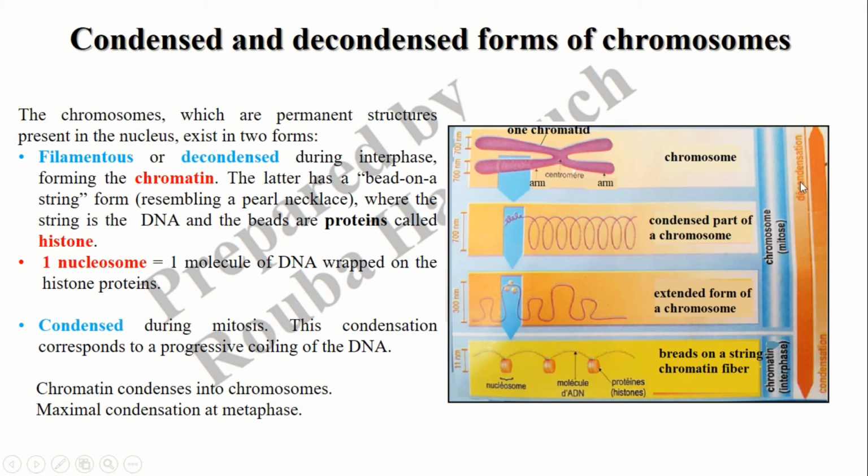So this reaction is reversible. When passing from interphase to mitosis, the chromatin undergoes a condensation, a progressive coiling. Now, at the end of mitosis, when passing from mitosis to interphase, the chromosomes undergo a decondensation to form the chromatin again.